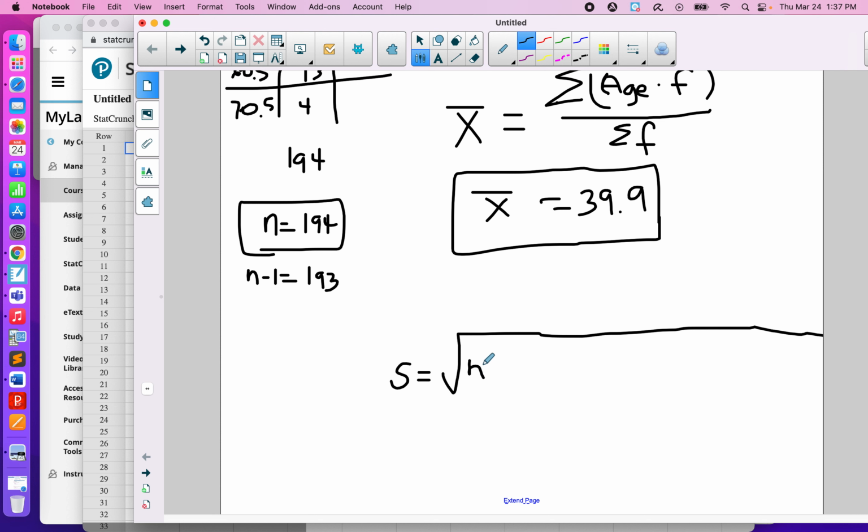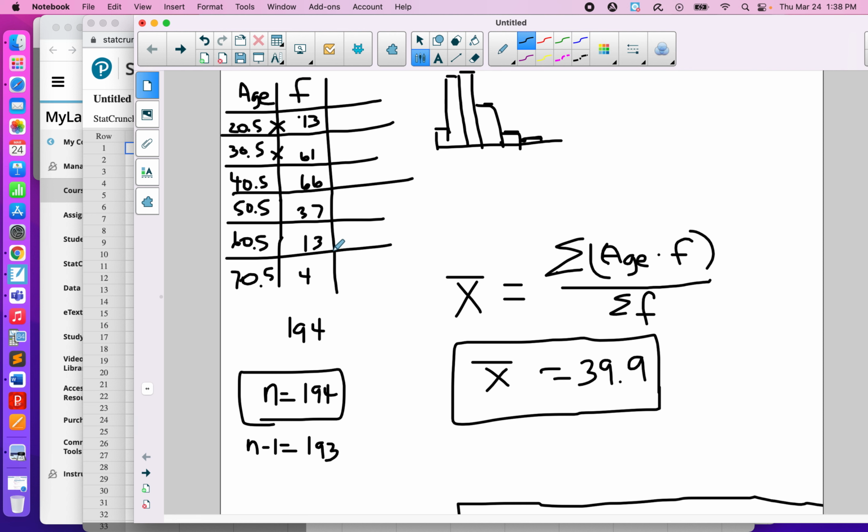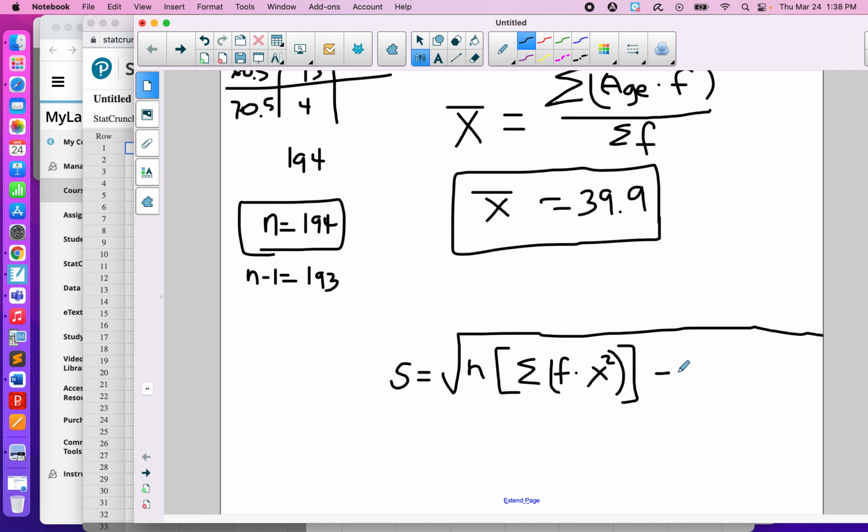You take the total number, and you multiply it times the sum of your frequency times each of your midpoints squared, so 194 times the sum of the frequency times the midpoint squared, minus the sum of the midpoint times the frequency, all of that squared.